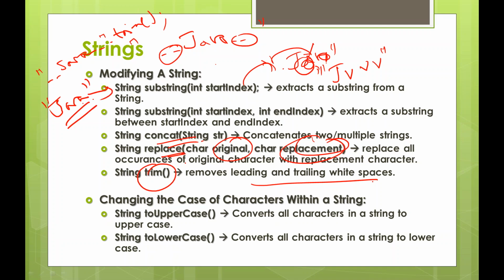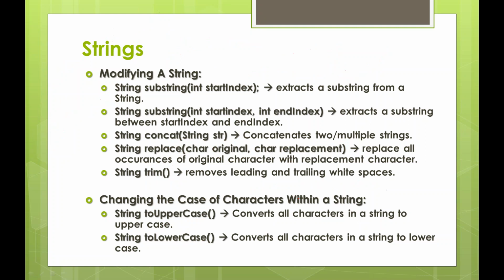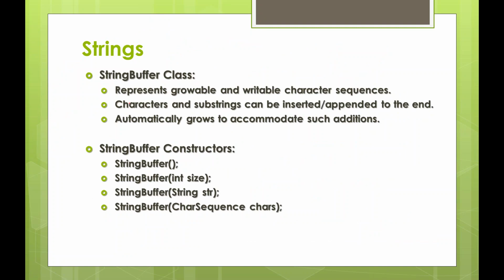There are no leading or trailing spaces. This is your trim method. So changing cases, toUpperCase and toLowerCase, you can use it. Okay, so let us move on to string buffer. We know that string is immutable and of fixed length.